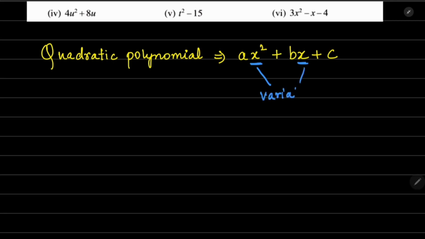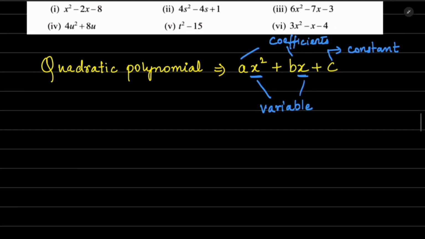Variable means the value will keep changing. And a, b and c are called coefficients. And c specifically is called a constant. Constant means the value does not change. So x is the variable, a, b and c are the coefficients, but c is the constant.